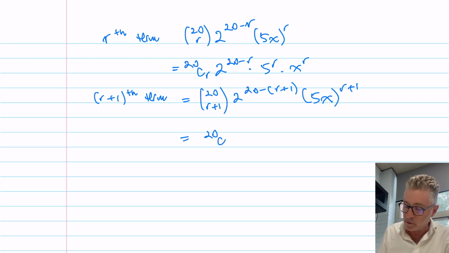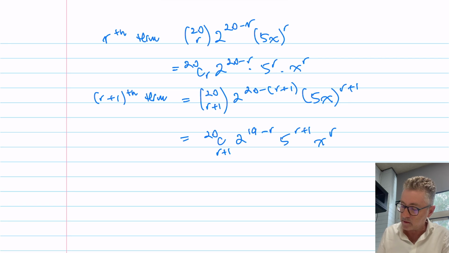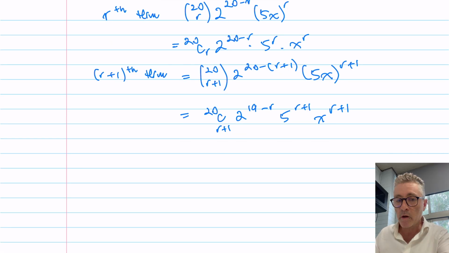So that'll be 20 choose (r+1), and you can write it with brackets or as a choose sign. 20 minus 1 is going to be 19, so it's 2^(19-r), 5^(r+1), x^(r+1). Because we know that those coefficients are equal, we can just equate them.